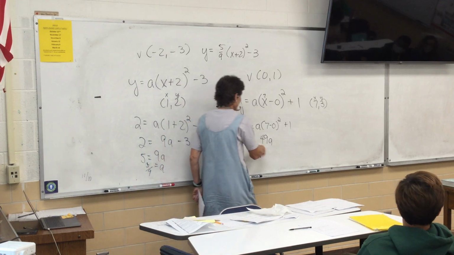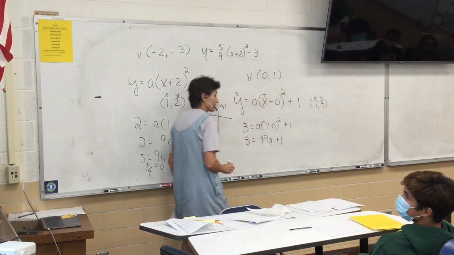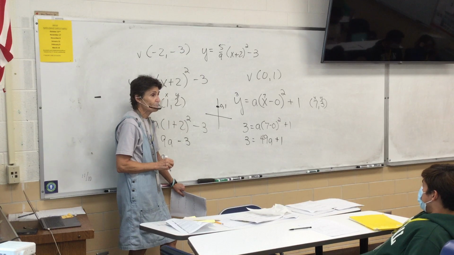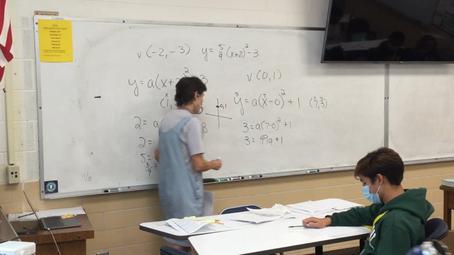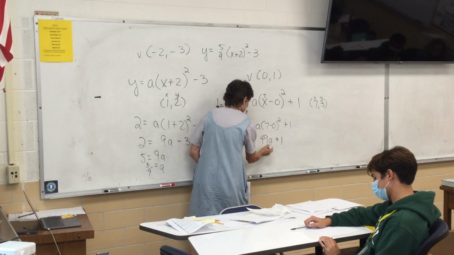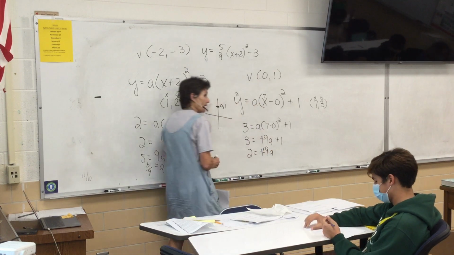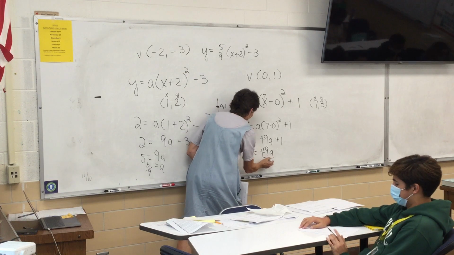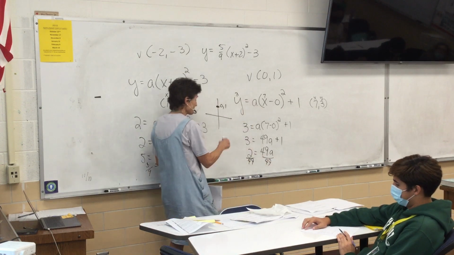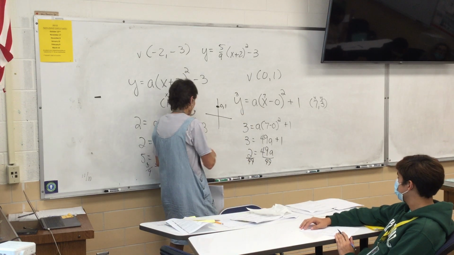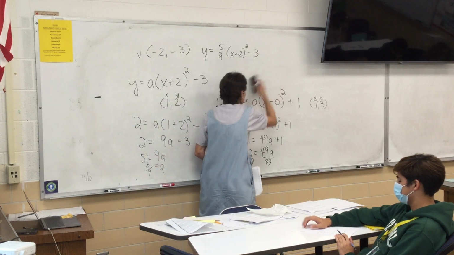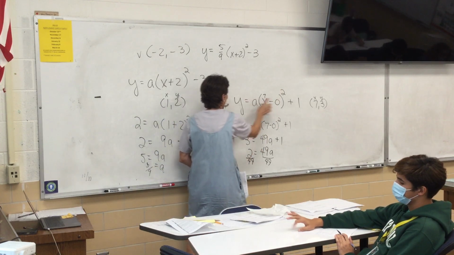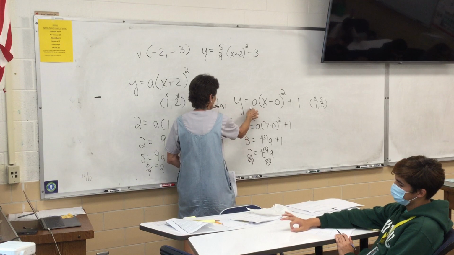All right, so 49A plus 1. So how do I solve that? Minus 1, that's going to be 2. And then divide by 49. So again, I am getting a hideous fraction, but it doesn't matter because all you do with that fraction is write it down here.